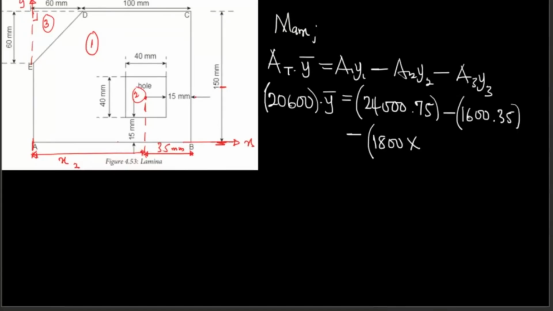multiplied by Y3. You are measuring from this point to this point. Now, we can get this point here, which is 20. Remember we are measuring from down. So what is the distance from this point to this point, from E to A? It's 150 minus 60.